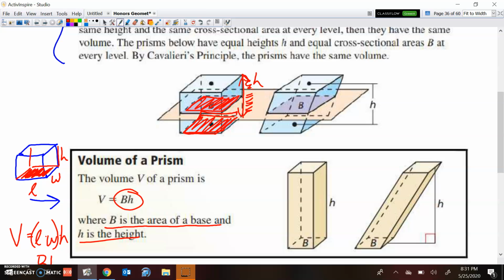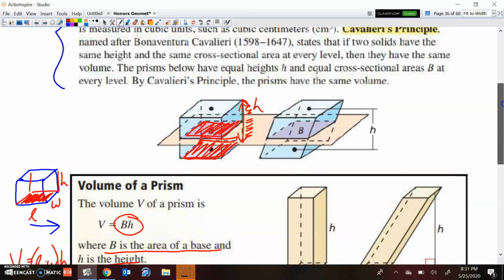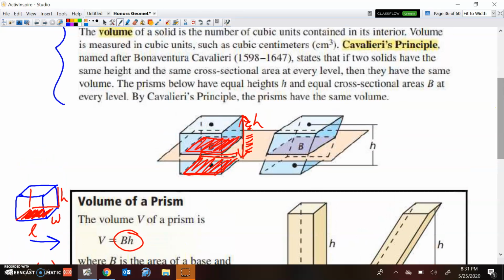Now the cool thing with this is that there's this principle, Cavalieri's principle, where if you were to take a ream of paper and just push it, and all of it would stay intact but slanted, as you see in this second image, it would still have the same volume. It still has the same number of pieces of paper. They're all the same. It's just oriented a little differently, right?